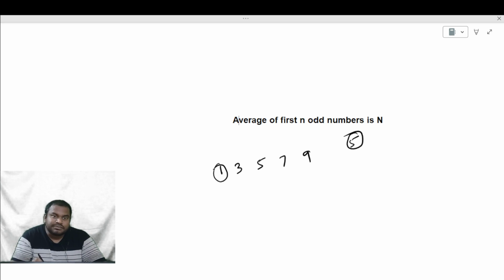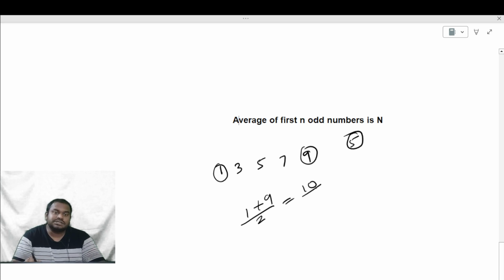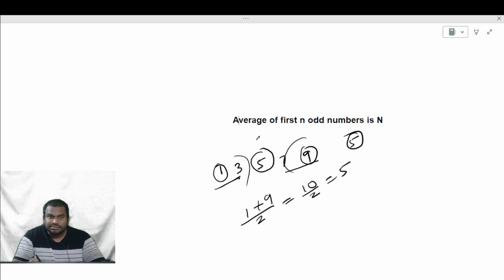The first number is 1 and the last number is 9. 1 plus 9 divided by 2, that is 10 divided by 2, which is 5. But 5 is the middle number, and you can see it directly. Exclude these on both sides. What is the middle number? 5. So it is nothing but the average. Or else you can use first number plus last number divided by 2, which is also the same.